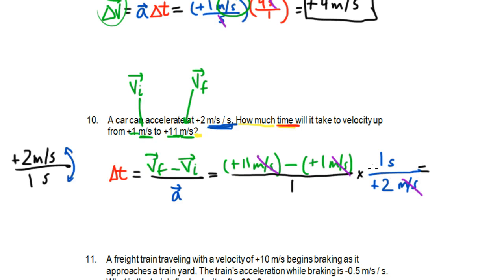And then I will have plus 11 minus plus 1, which is going to give me plus 10 times 1 second, divided by plus 2. Okay? And so from there, I know 10 divided by 2 is going to equal 5 seconds. And that's my final answer.